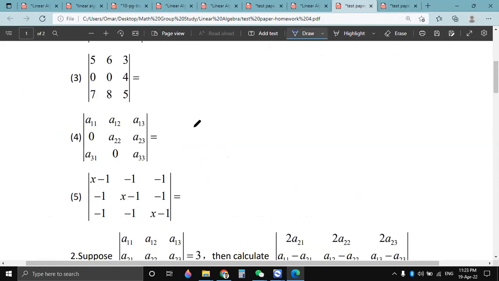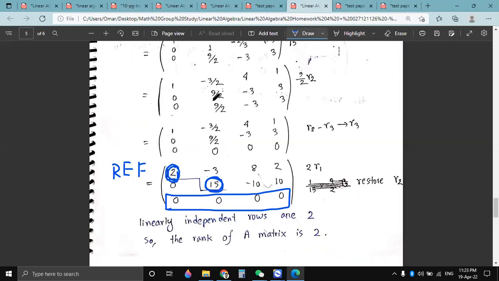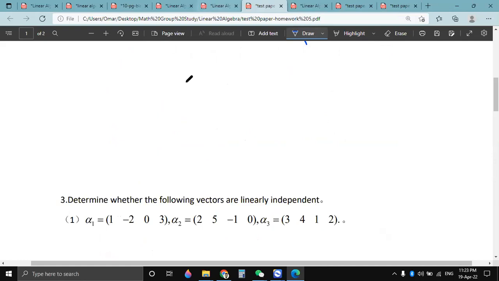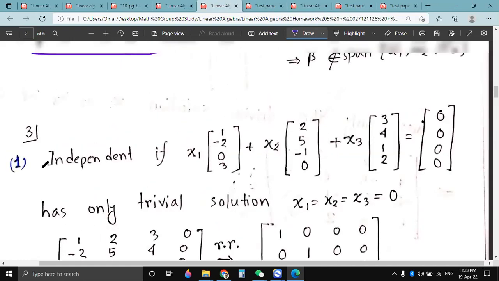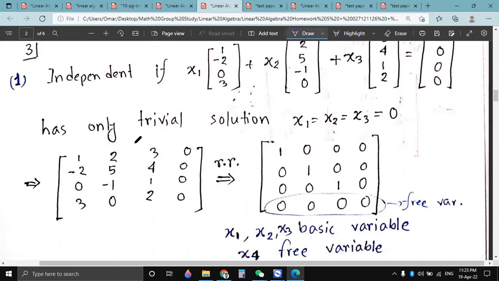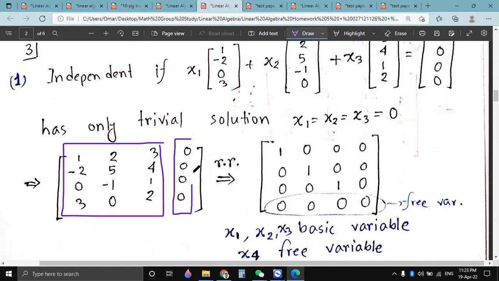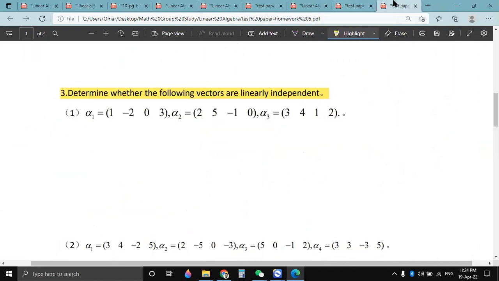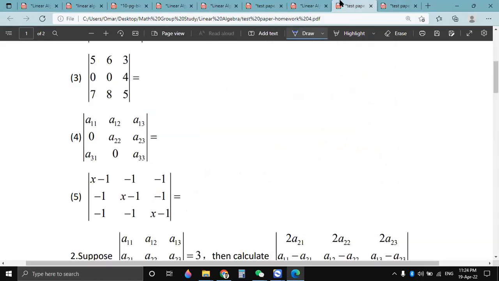So if you look here, we have to write down the corresponding matrix here, and then we have to write down a column with all the entries containing 0. Okay. So if you look here, we have alpha 1, alpha 2, and alpha 3, right?